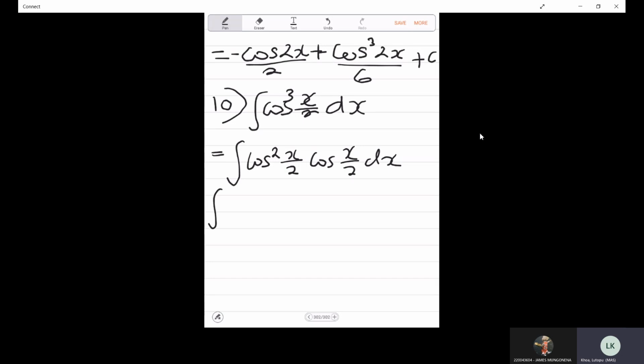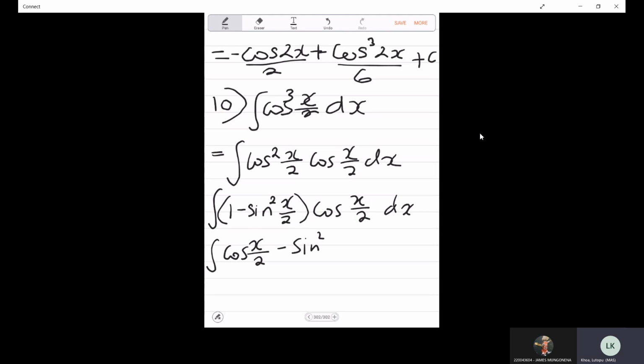The integral of 1 minus sine squared x over 2, and then we multiply by cos x over 2 dx, and then we multiply out the brackets. This is the integral of cos x over 2 minus sine squared x over 2 times cos x over 2 dx. So everything we have here is very easy to integrate.